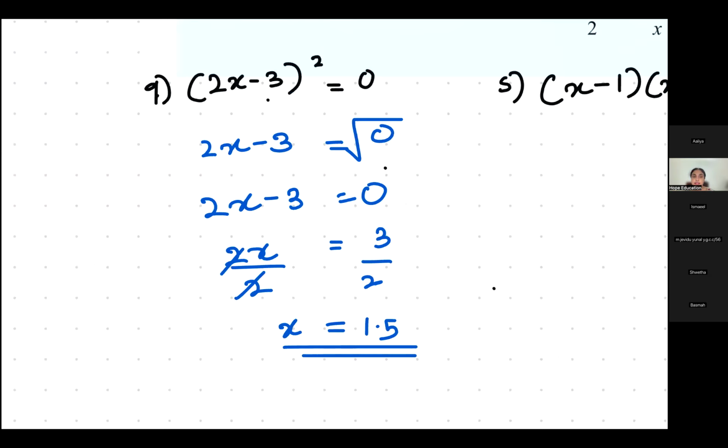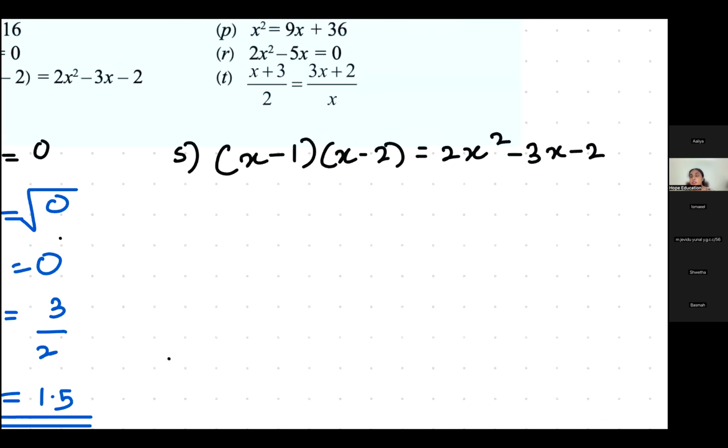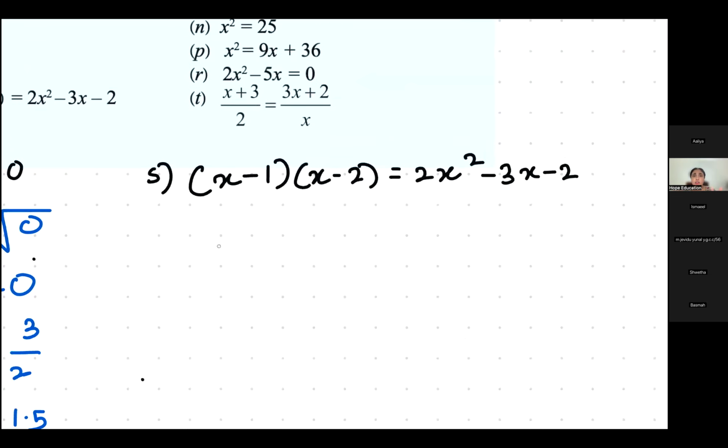Then if you look at S, we know that one side of the equation must be 0. Otherwise it's just a lot of algebraic terms and numbers, and it's not very clear. So what do I do? First step, I simplify. Here we have a product of two binomial expressions, right?